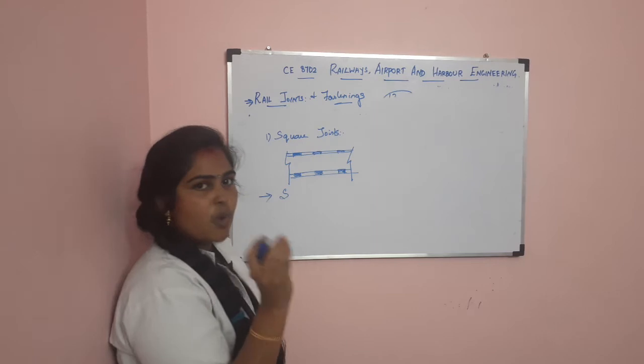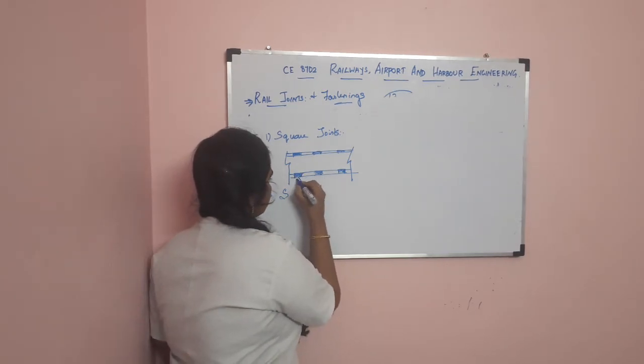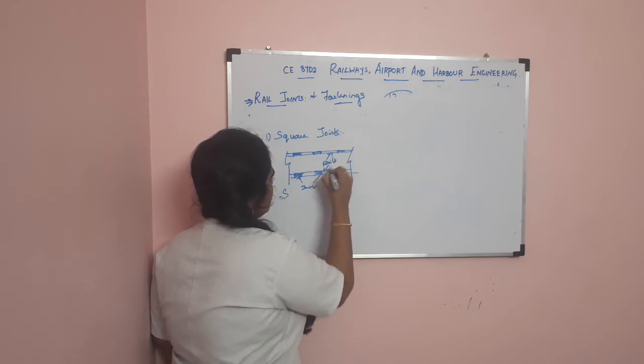Listen, this is a joint and these are rails.